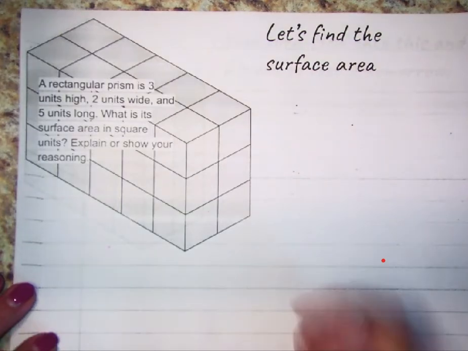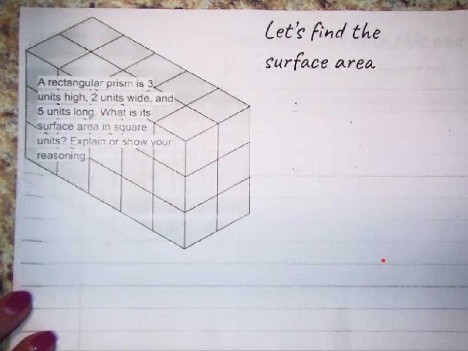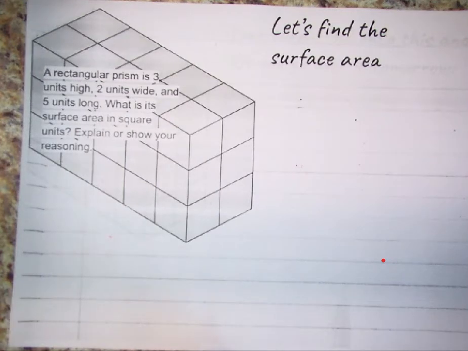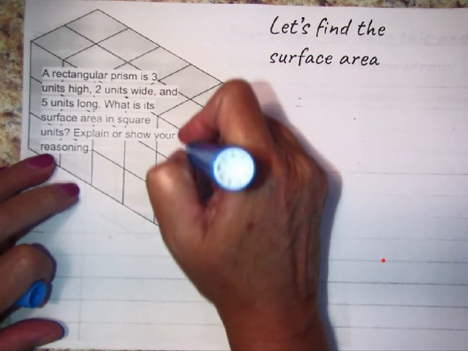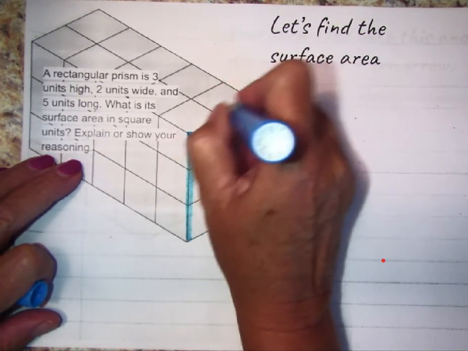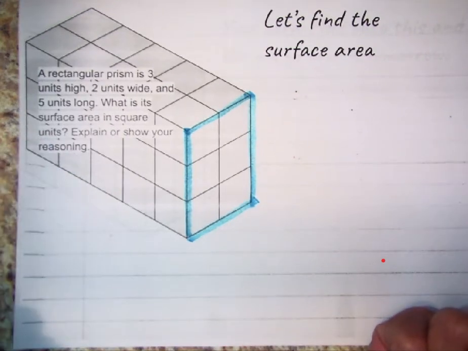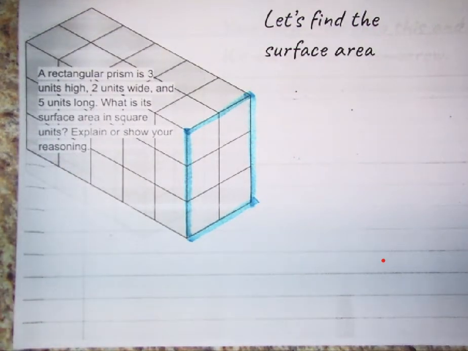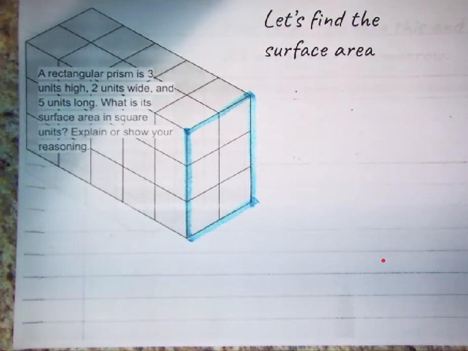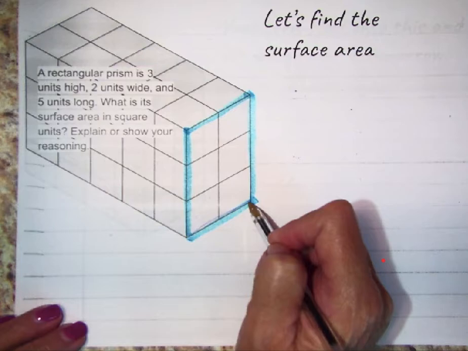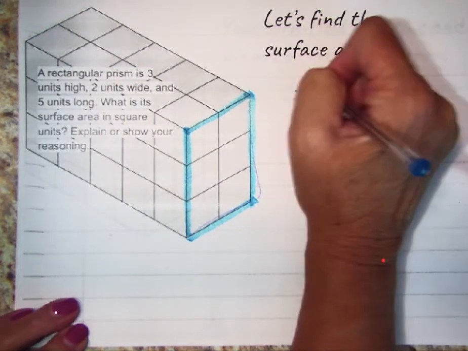Let's look at another one. This time, our dimensions have been given to us. I'm going to do the same thing though. I'm going to work with colors. I just think it helps. So I've got the front. The front is 2 by 3.